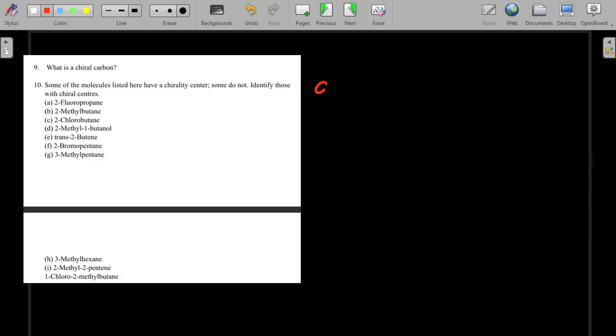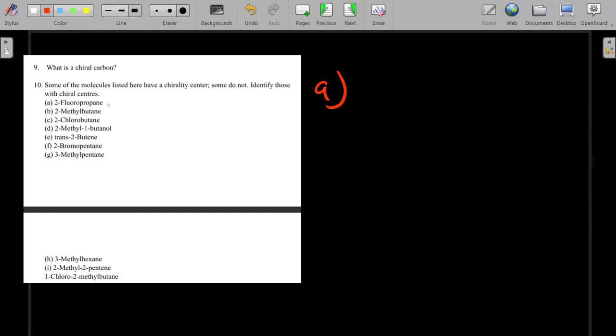Let's start with our A here. For us to identify the chiral center in these molecules, it's best to come up with their structure. The videos for how to write the structures for your hydrocarbons, we did that in the tutorial sheet, so you can access them on the website.